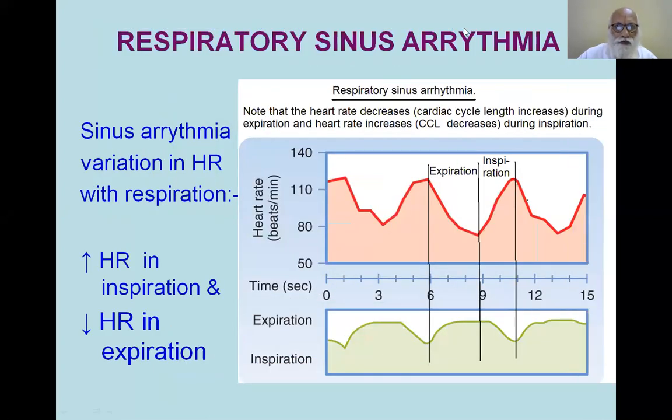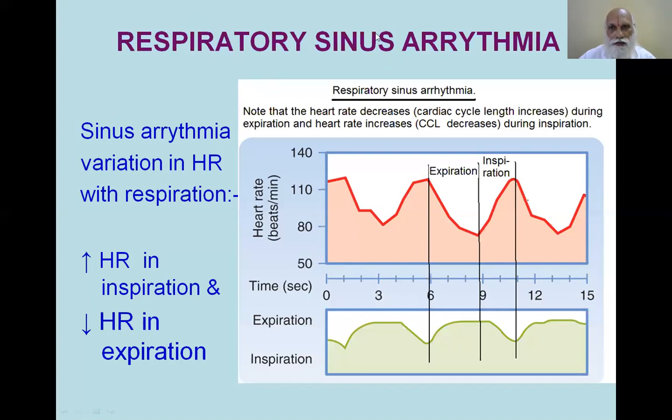Now, before we go for the heart rate variability analysis and define what is heart rate variability, let us see what is respiratory sinus arrhythmia. Respiratory sinus arrhythmia, as it indicates, is very much related with the respiration and respiratory cycles.